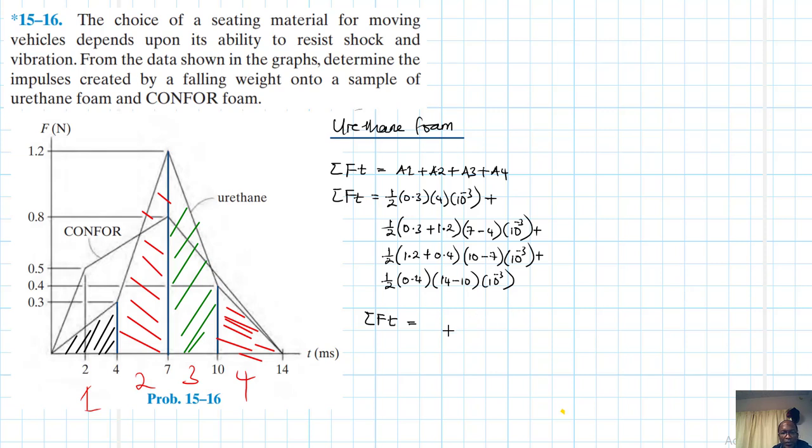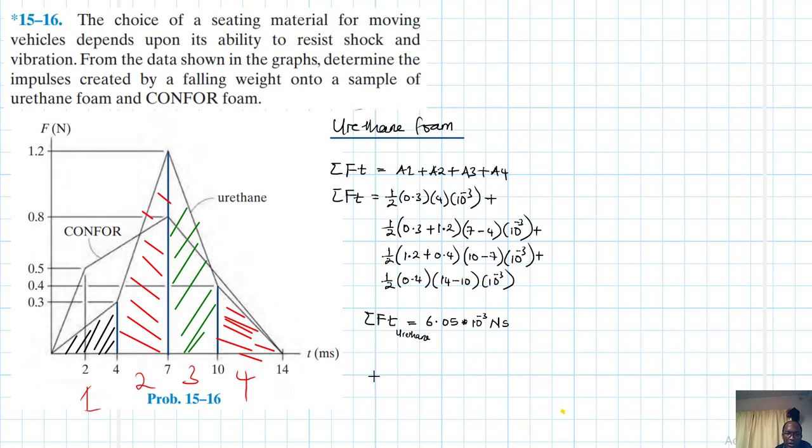So our solution becomes 6.05 times 10 to the negative 3 newton-seconds, or newton-milliseconds. So this is the impulse for urethane.